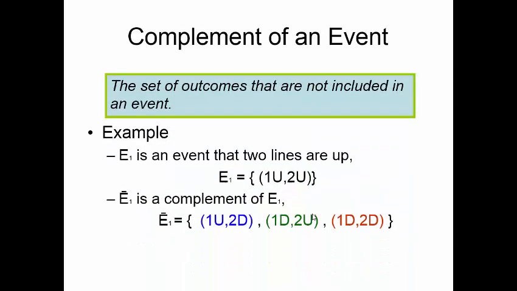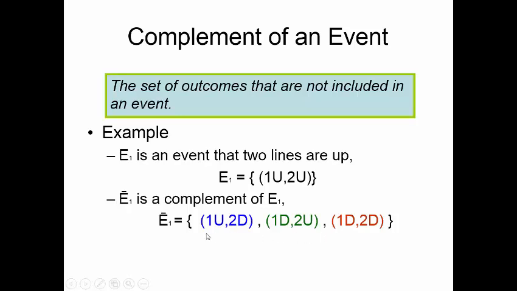Now, what is the complement of an event? The complement of an event is the set of outcomes that are not included in the event. So you have the state space. If you have an event, then the complement of that is the rest of the state space. For example, if event E1 has two lines up, then the complement in this case, because there are four lines, you take this out and you are left with these three states.